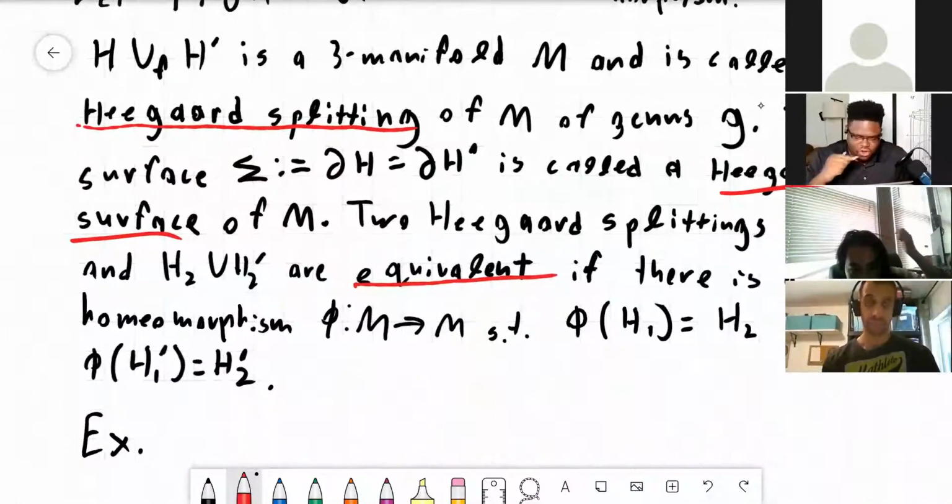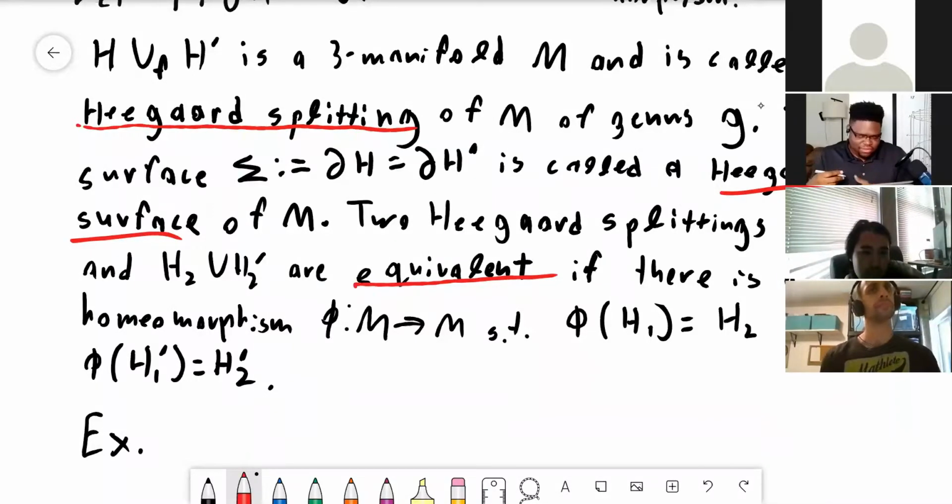So if there's a homeomorphism of our manifold M which takes one Heegaard splitting to the other, then we just consider those equivalent. They're the same Heegaard splitting as far as we're concerned.